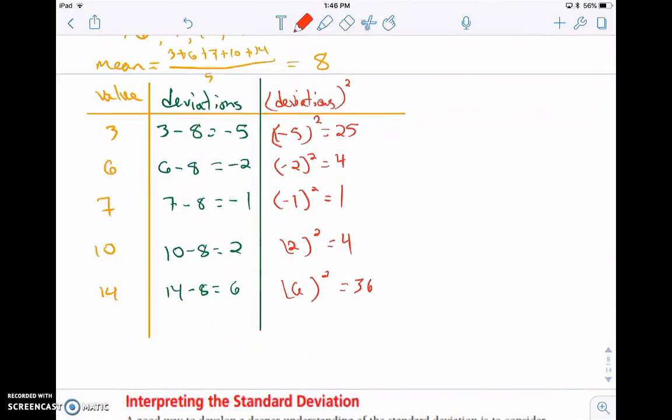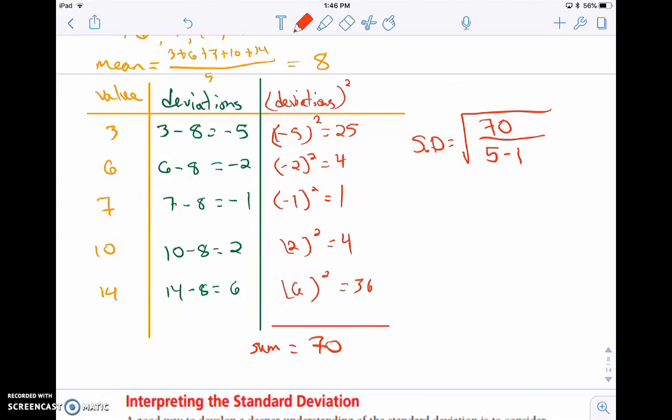Okay. Then we are going to find the sum of all those. So you're going to add them all up, and we get a sum of 70. Now that we have the sum of the deviations squared, the standard deviation is the square root of the sum of squared deviations divided by the number of entries minus 1.